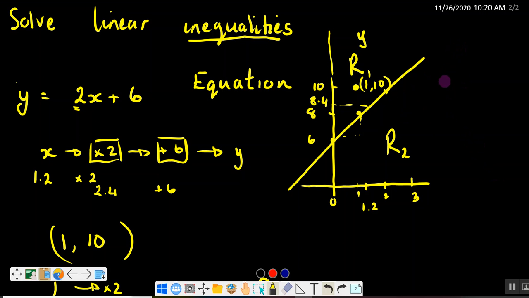In region 1, the y coordinate is larger than 2x plus 6. In this region, the y coordinate will be less than 2x plus 6. The line is when y is equal to 2x plus 6.